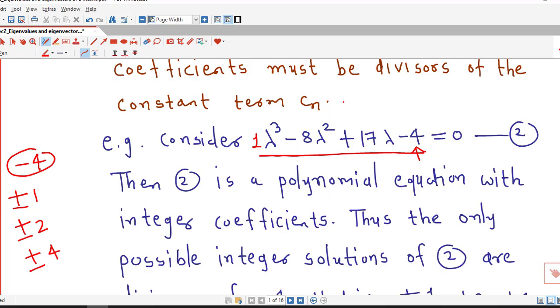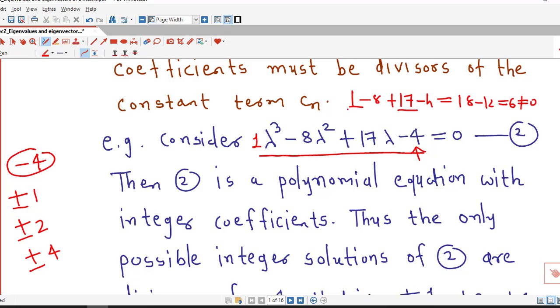Suppose we put lambda equal to 1, we have 1 minus 8 plus 17 minus 4. So this is going to be 18 minus 12, which is 6, and it is non-zero. That means lambda equal to 1 is not a solution of this equation. Now we check for lambda equal to minus 1.